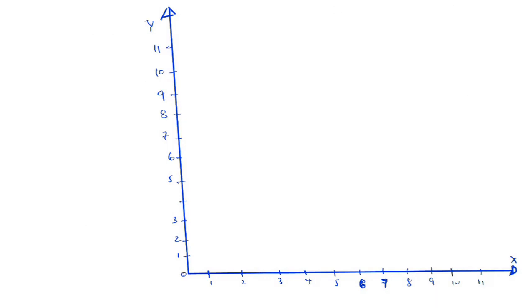Okay, so next let us now draw the graph. We use the boundary lines to draw the graph. Okay, so starting by shading the region for the non-negative inequalities, x is greater than or equal to 0 and y is greater than or equal to 0.